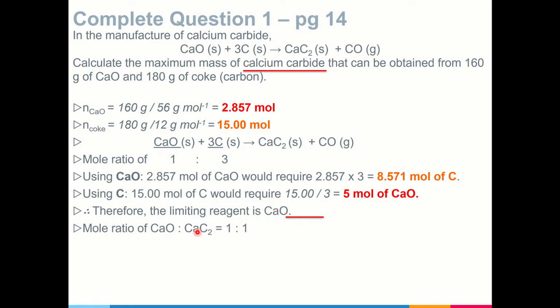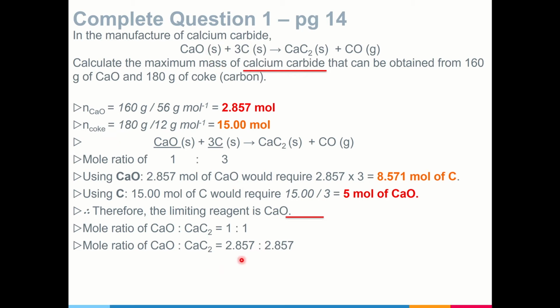Calcium oxide versus calcium carbide, the mole ratio is 1:1. So for every 2.857 moles of calcium oxide, 2.857 moles of calcium carbide will be formed. I don't stop here, I need to calculate the mass.